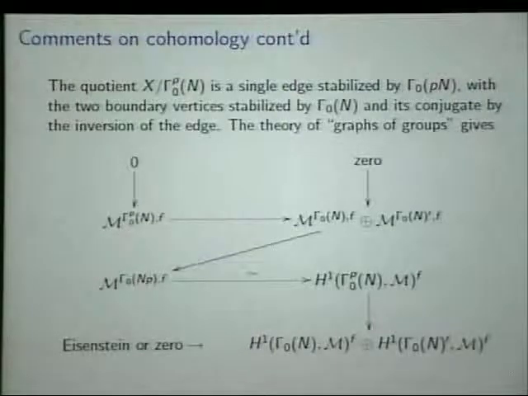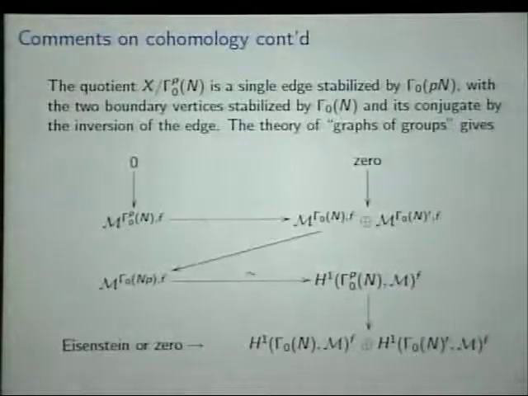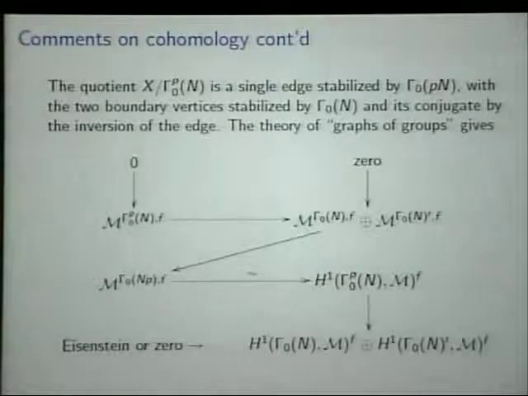There are no global invariants, at least of type where the Hecke algebra acts by F. And this group here, which is the one we're really interested in, this H1 of this big group with coefficients in this module M, but the part where the Hecke algebra acts through F, is just isomorphic to this two-dimensional modular symbol space.